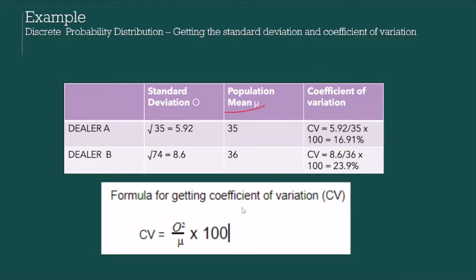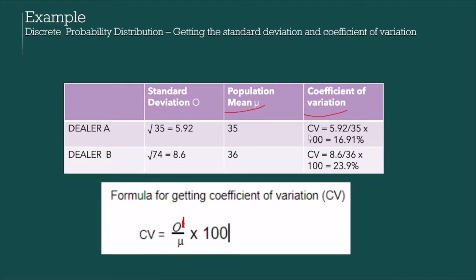Now we're going to do the formula for getting the coefficient of variation. CV equals standard deviation over mean times 100.